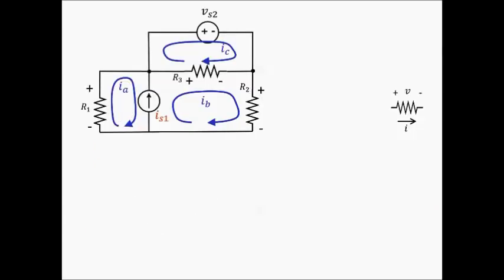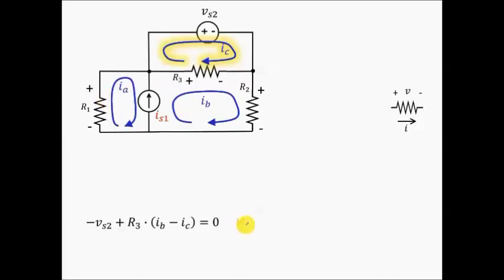Now, consider an alternate scenario where there is a current source, again IS1, but it's now in two of the meshes. It's both in IA and IB. So what can I do now? As before, I can still look at the meshes where I can apply KVL. For example, in mesh C, I can apply KVL as before.